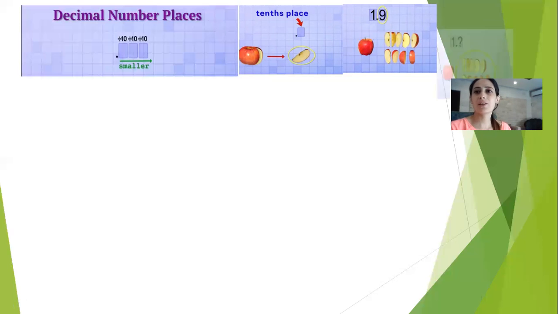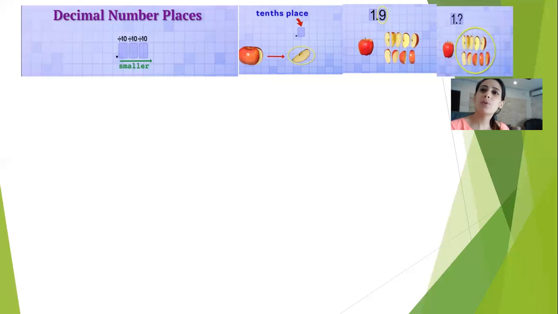Okay, look carefully here. What do I have? One whole apple, and let me count the decimal part, the tenths, of course. 1, 2, 3, 4, 5, 6, 7, 8, 9, and 10. So here we have 10 out of 10. Oh, we have now a whole apple. So what would be the next number?